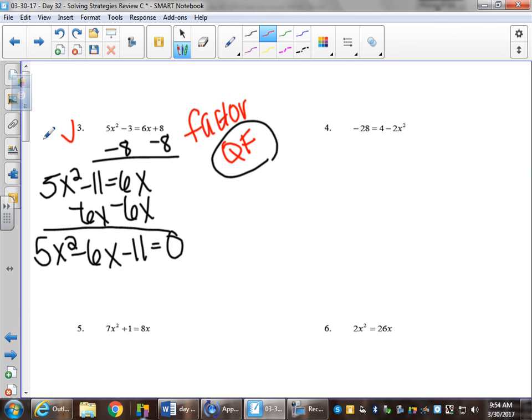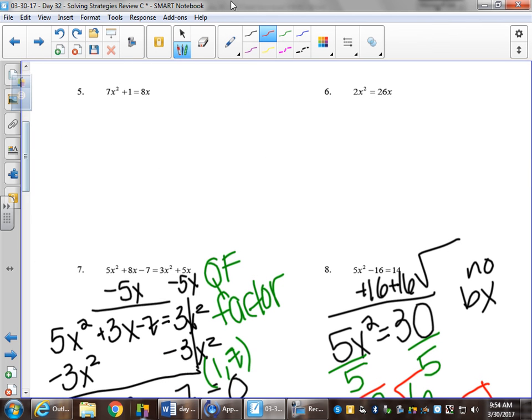Which one do you guys want to do next? Whichever ones we don't do in class are your homework, so choose. 6? 6 is different. Yeah, so that means there is a B term. So what am I going to do for 6? She's exactly right.